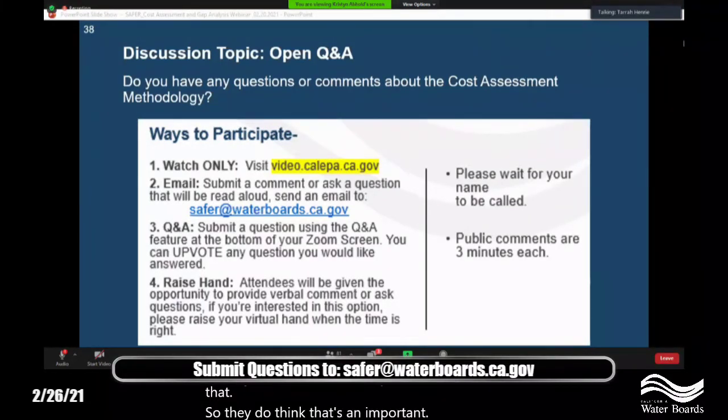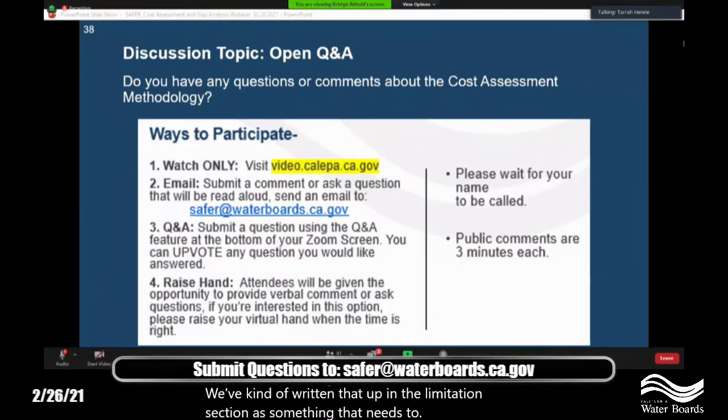We've written that up in the limitations section as something that needs to be considered more in the future. There are also a lot of challenges with implementing point of use and point of entry treatment. The vast majority of the domestic wells and some of the state smalls as well are unchlorinated, and they can have bacteriological growth issues.